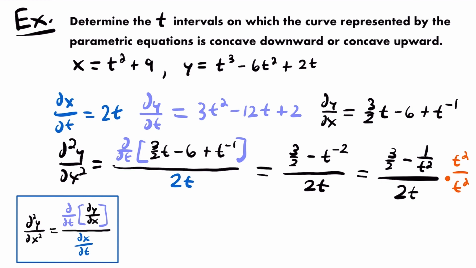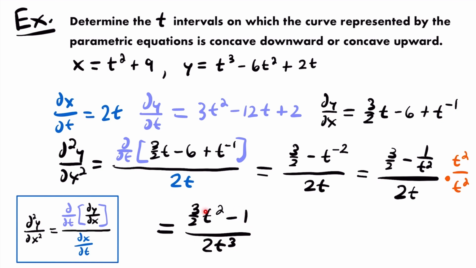And so our second derivative will be equal to 3/2 times t squared minus 1, divided by 2t cubed. All right, t squared times 3/2 is 3/2 times t squared. t squared times 1 divided by t squared will just be 1 because we have t squared divided by itself, and that is just going to be 1. And then t squared times 2t will be 2t cubed.